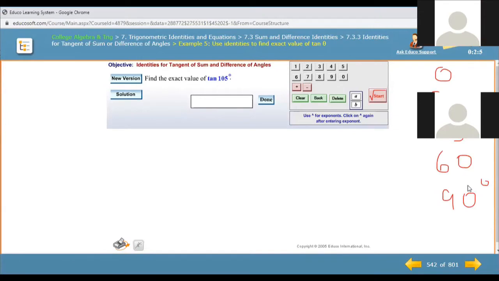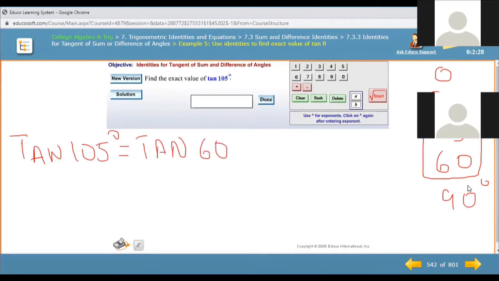What two angles can combine to give me 105? 45 and 60 combine to give me 105. So I write tangent 105 as tangent 60 plus 45.